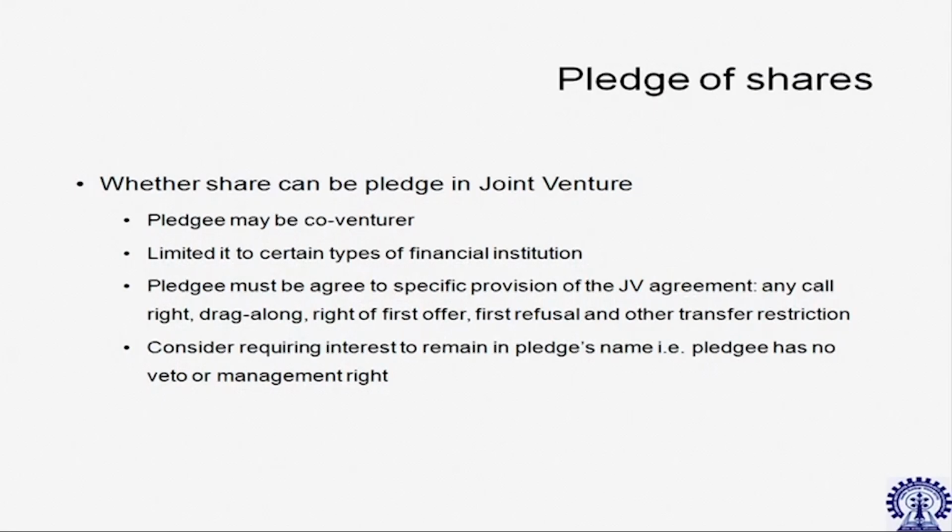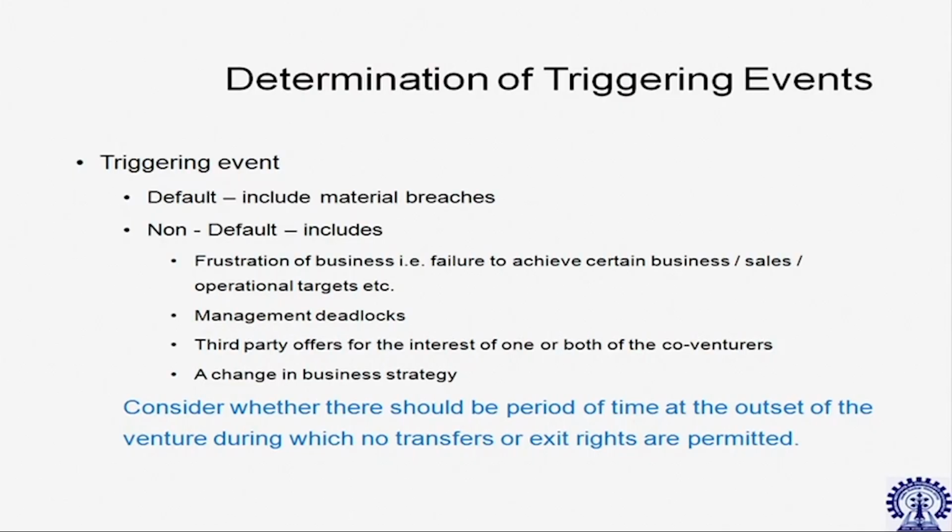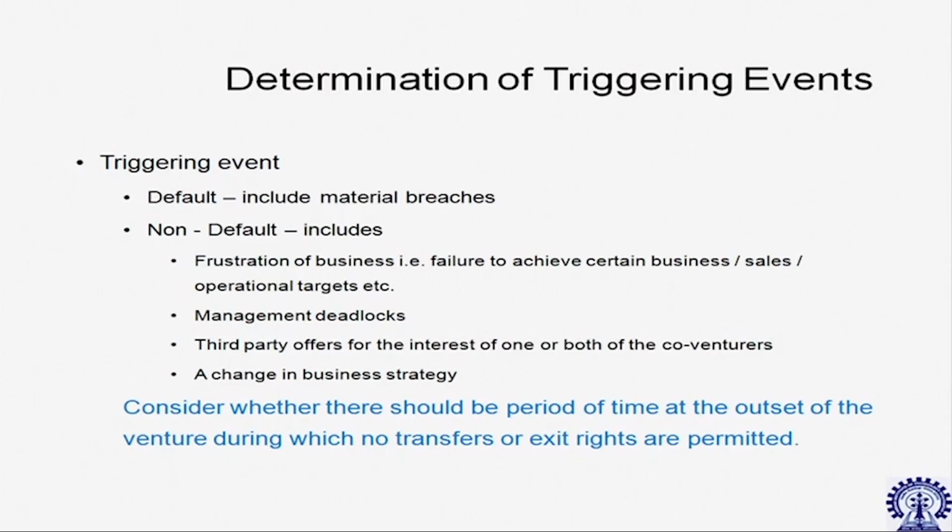Now, let me take you to the next issue, which is generally known as determining triggering events. When I talk about determining triggering events, I am basically indicating those circumstances where, either by default or in certain non-default scenarios, the joint venture is determined.